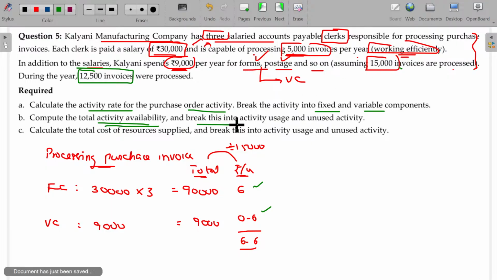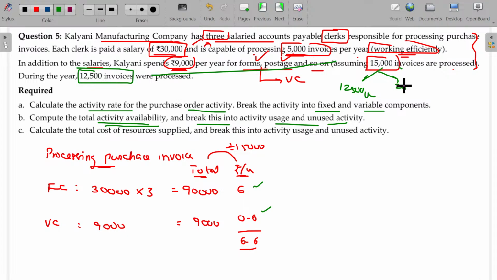Break this into the activity usage and unused. This will be called the usage. So usage being 12,500 invoices. Balance 2,500 remains unused. Calculate the total cost of the resources supplied and break this into activity usage and unused activity.